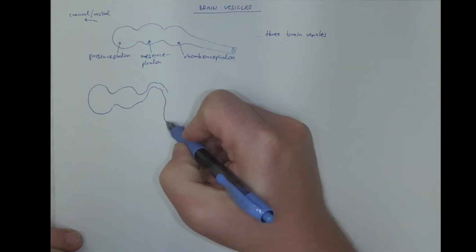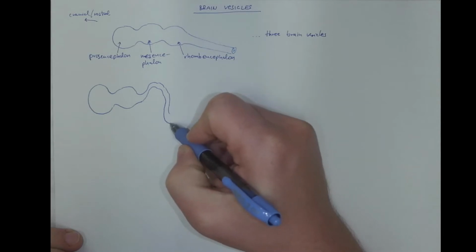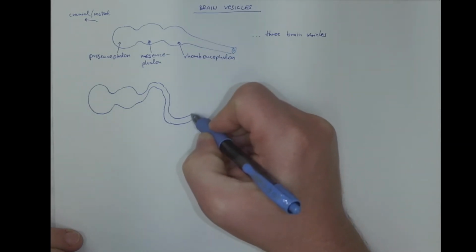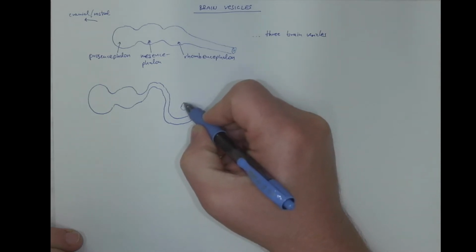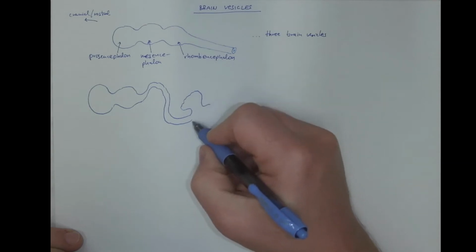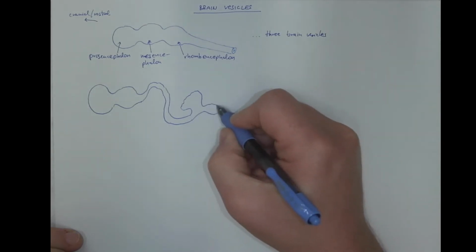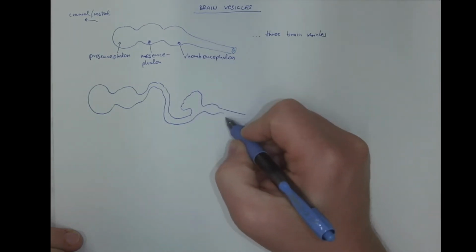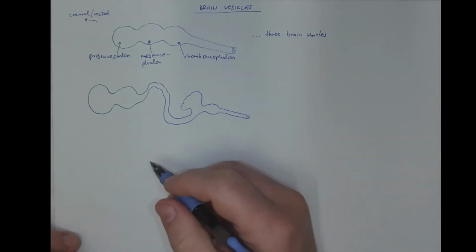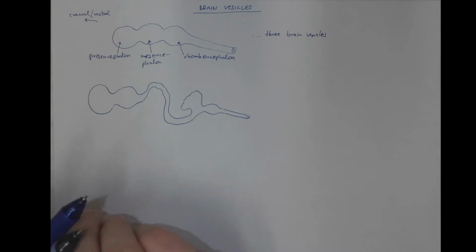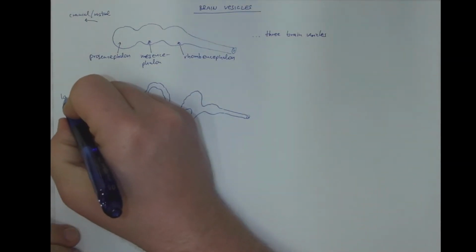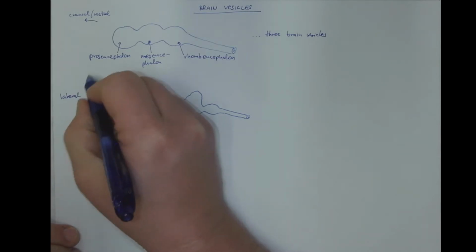And then we have the ventral pons, then the cerebellum, and the medulla oblongata, and then the spinal cord. So this is the lateral view, right? As was the previous one.